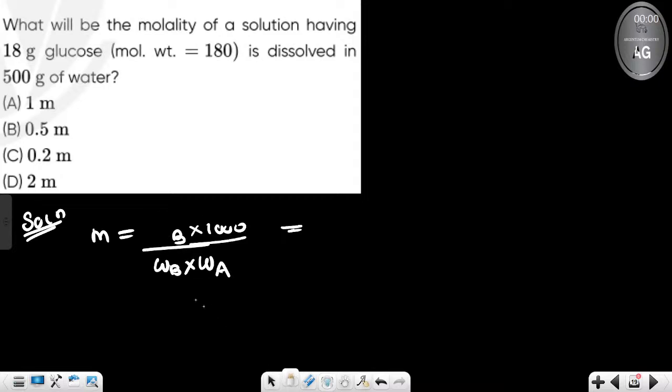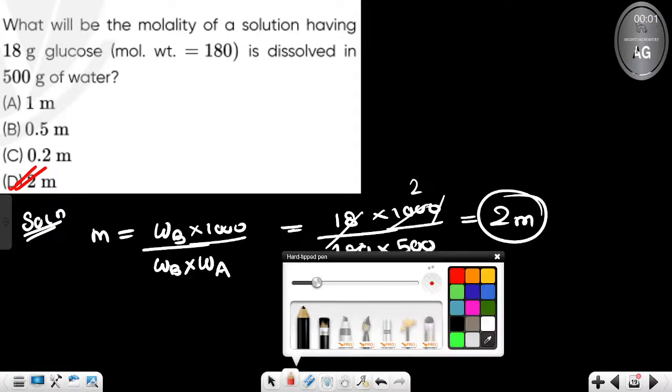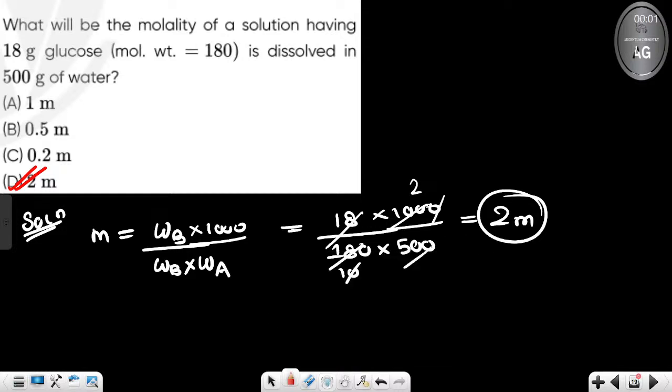Water is the solvent, so that is correct. 18 cancels with 180, the zeros cancel, so the answer is 2 molar, option number D. No, it is not correct, it will be option number C.